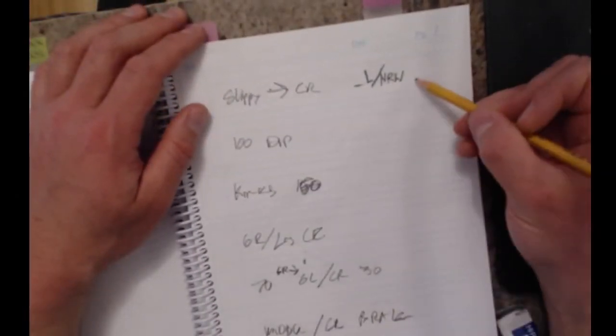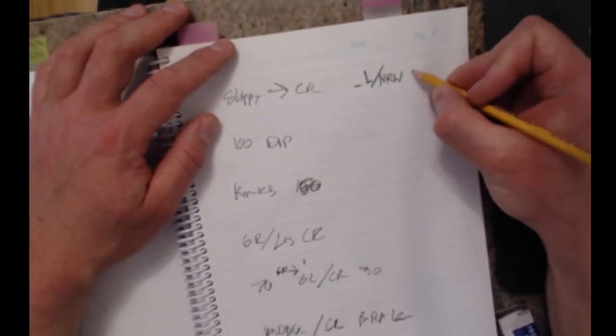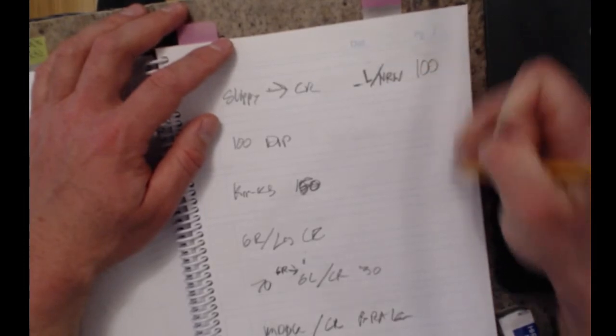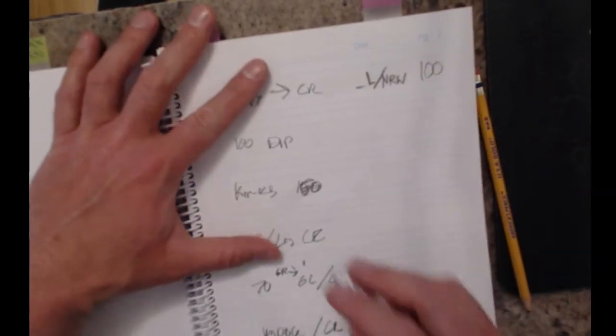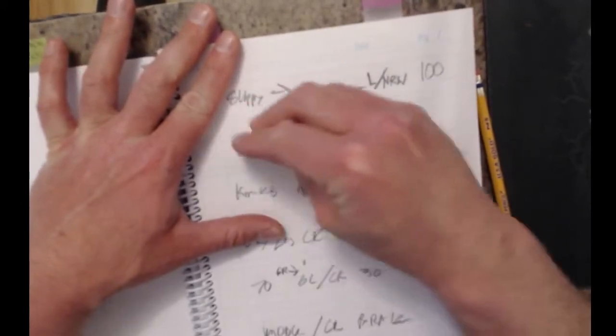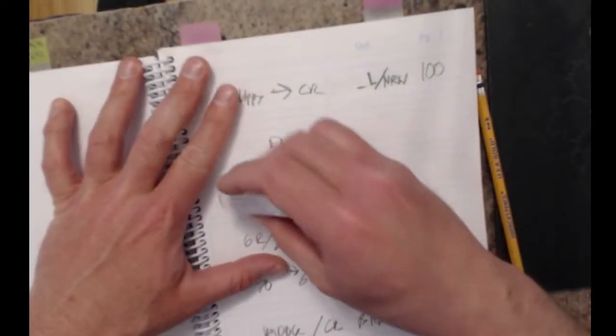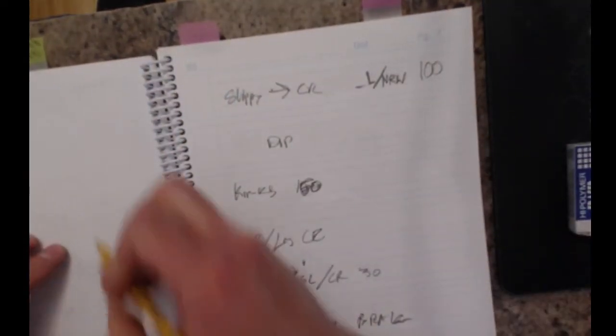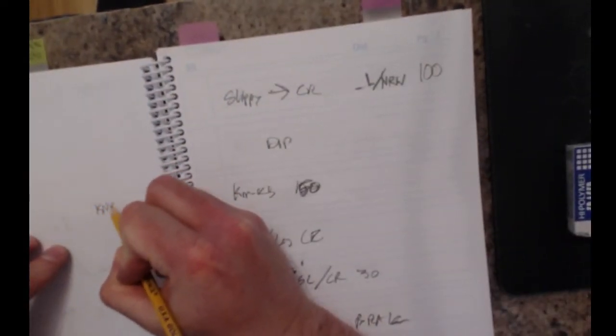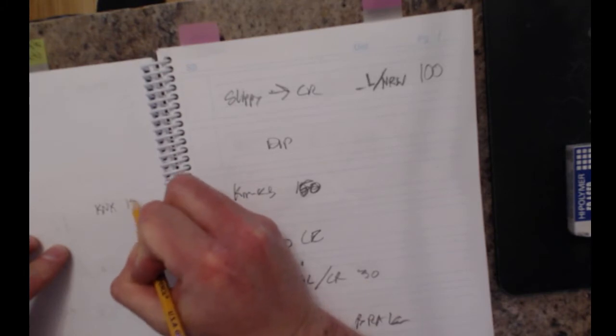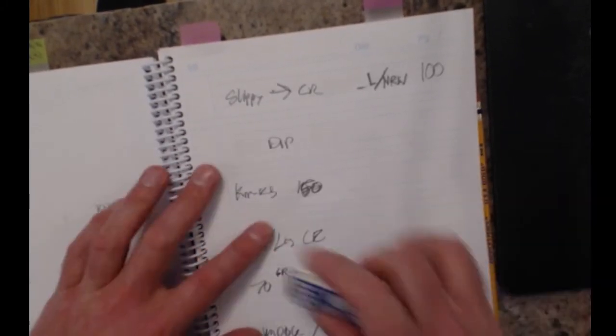And then flat left, narrow, 100. I'm going to go ahead and leave the dip. Kinks 150. I just don't like the way that looks. So we're going to go ahead and clean that up.